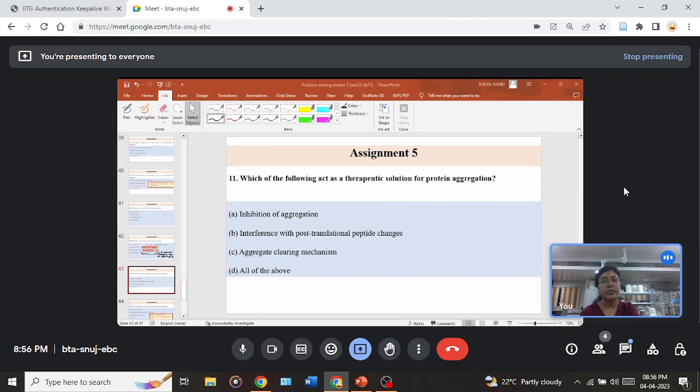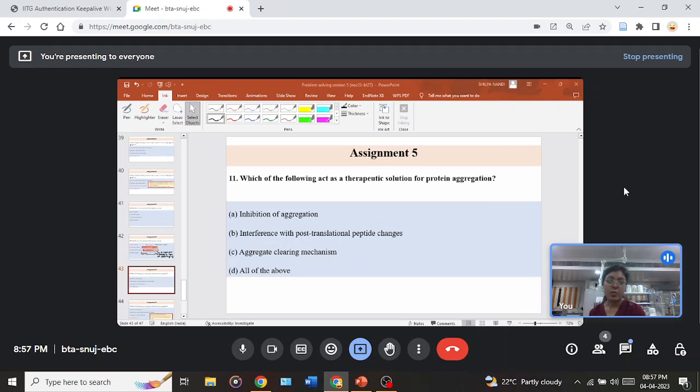You have your 11th question as, which of the following acts as a therapeutic solution for protein aggregation? So you have to depict which of the following does not allow protein aggregation, that is, a solution to avoid protein aggregation.